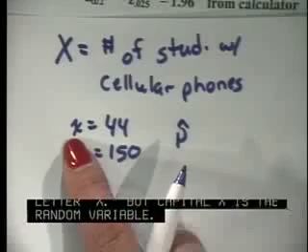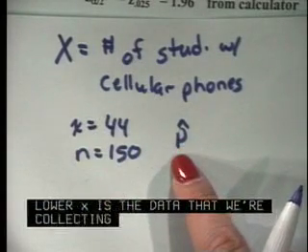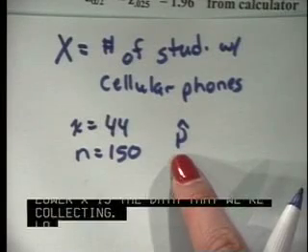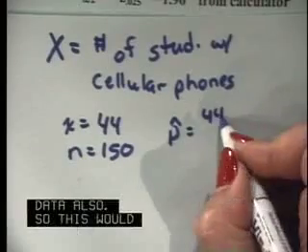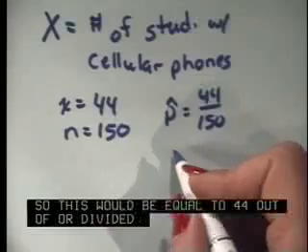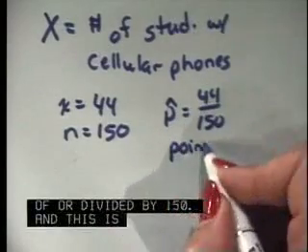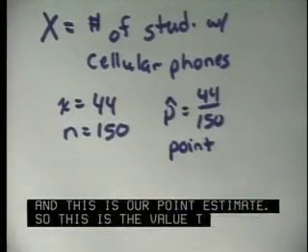Lowercase x is the data that we're collecting. Lowercase p hat would be the data also. So this would be equal to 44 divided by 150, and this is our point estimate. This is the value that we get from collecting our data.